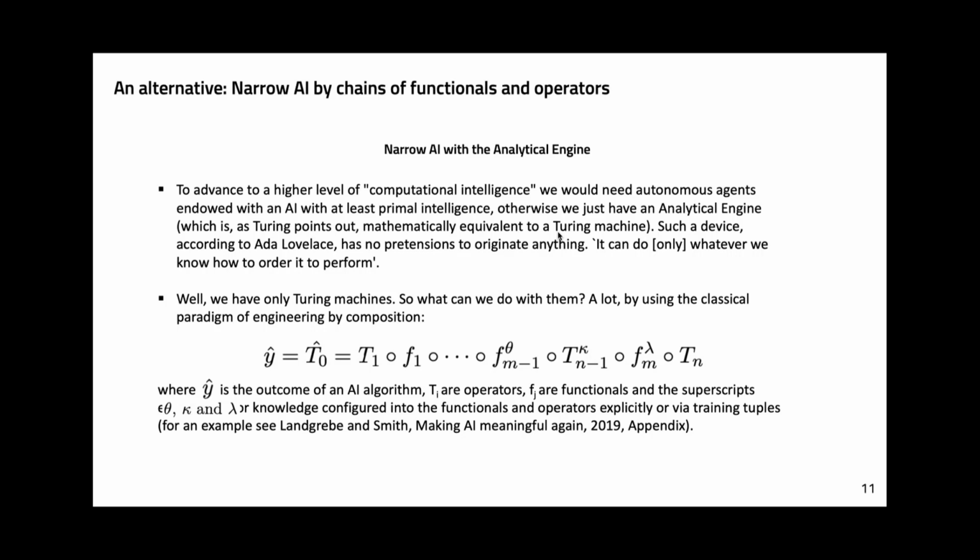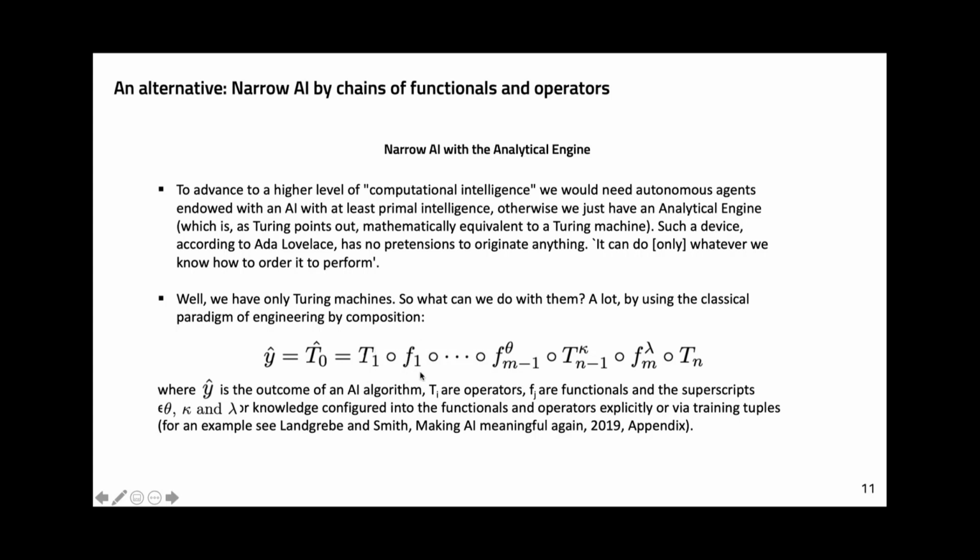And what can we do with it? I think we can do a lot. And we can do what one of you just said, namely we can engineer by composition. So that's an outcome that we want to achieve. And here you see many operators and functionals which are chained together. These are an uppercase theta as an operator and a lowercase theta as a functional.